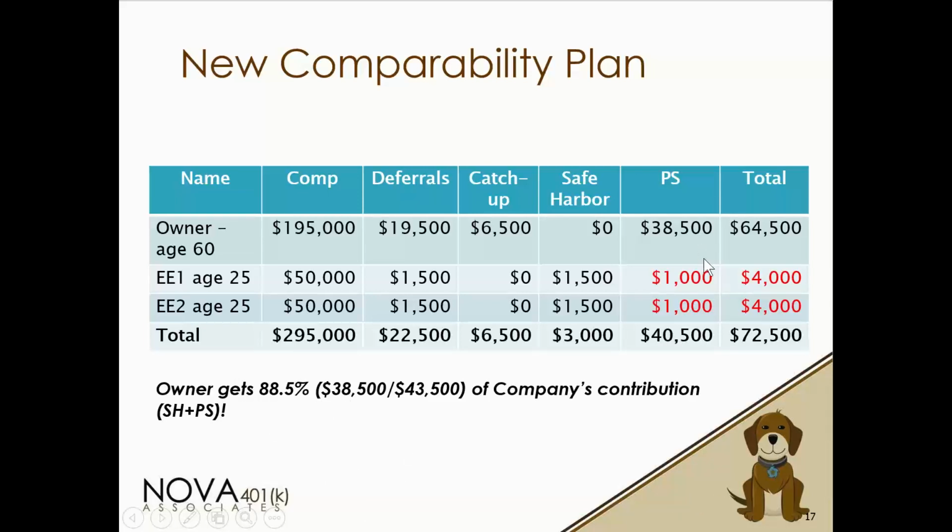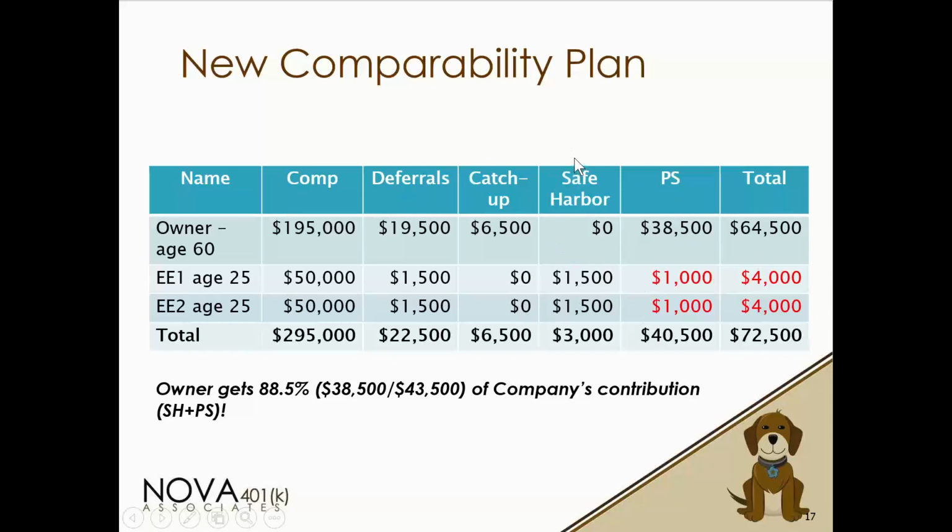You would have a non-discrimination test on the percentage of the profit sharing benefit going to the owner. And so by making this a safe harbor plan, you eliminate the salary deferral discrimination test, and you satisfy the top-heavy test all in one fell swoop. So all we're worrying about is just one test, the profit sharing safe harbor test.